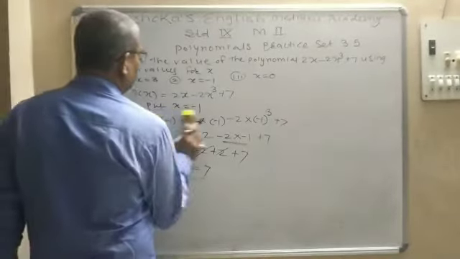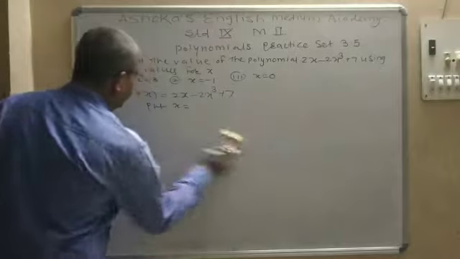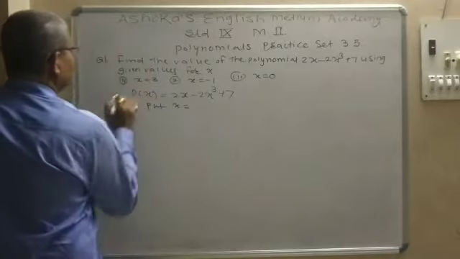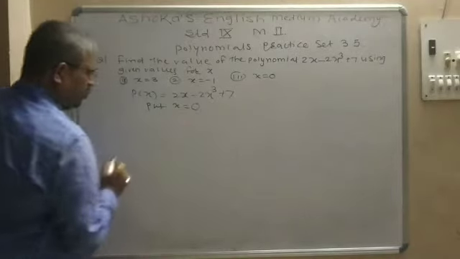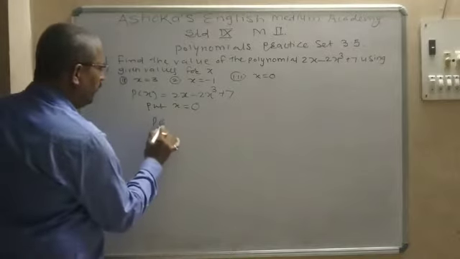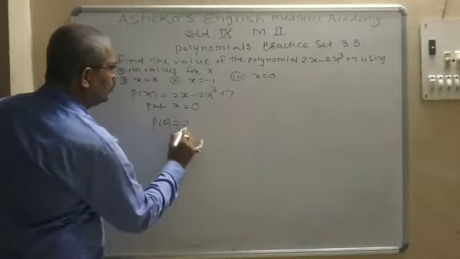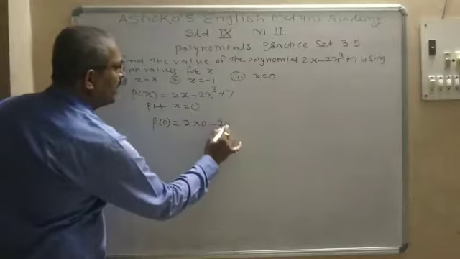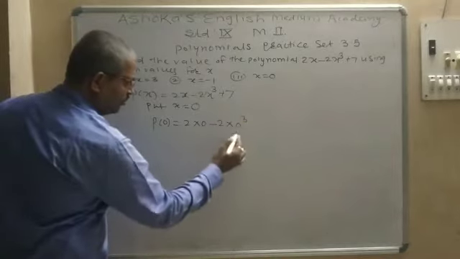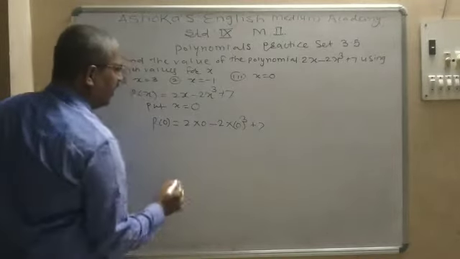Now next, what is number 3? Third number, x is equal to 0. So p(0) is equal to 2 into 0 minus 2 into 0 raised to 3 plus 7.